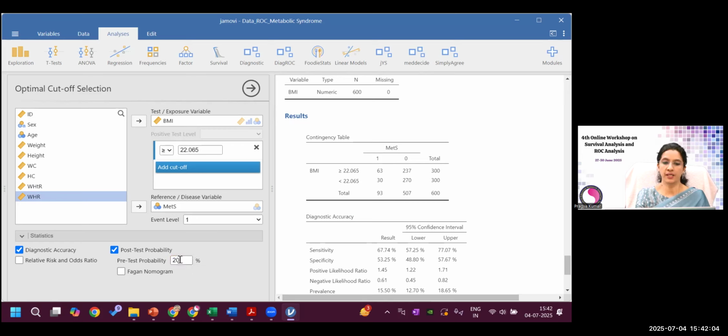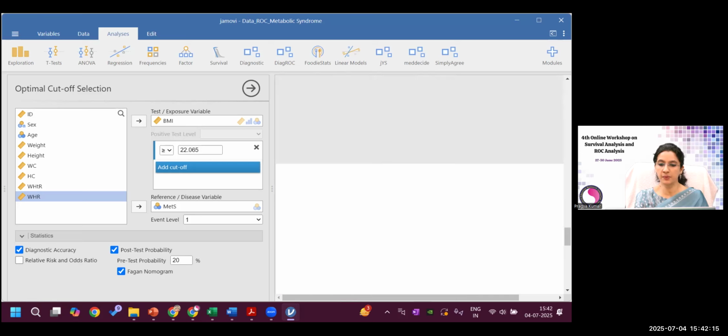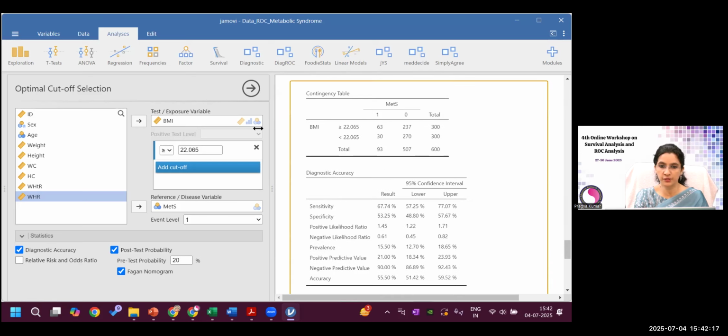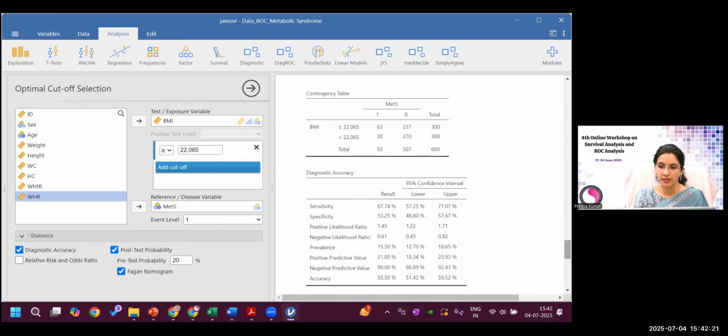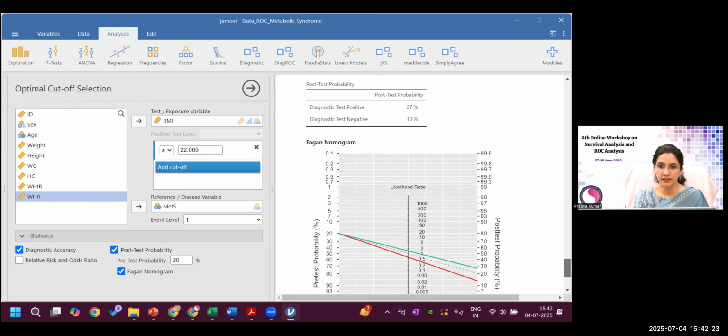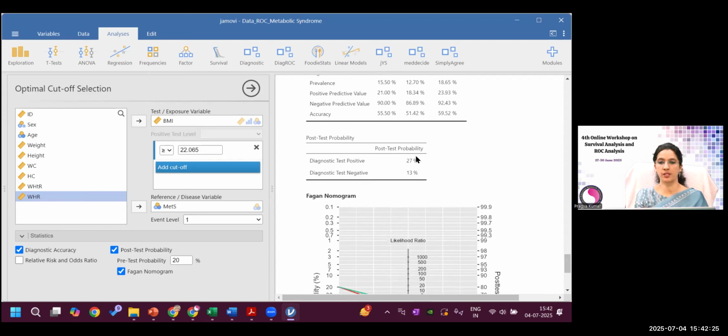So I have put this pre-test probability, the prevalence, as 20 and I click on Fagan's nomogram. Then you will see in this output that you also get the sensitivity, specificity, positive and negative likelihood ratio. And then it gives you the post-test probability.